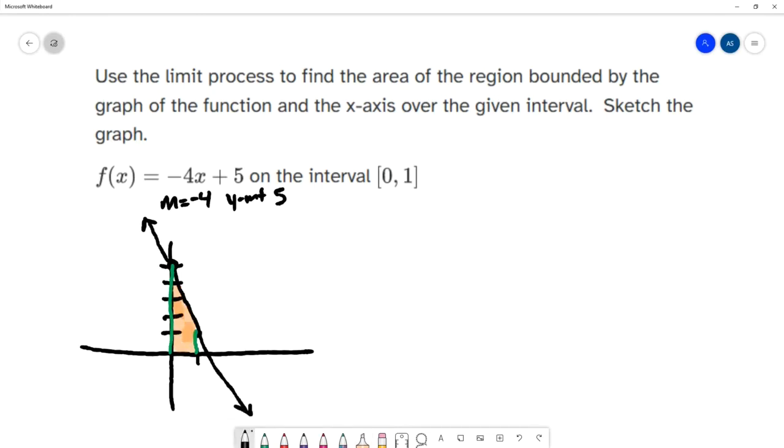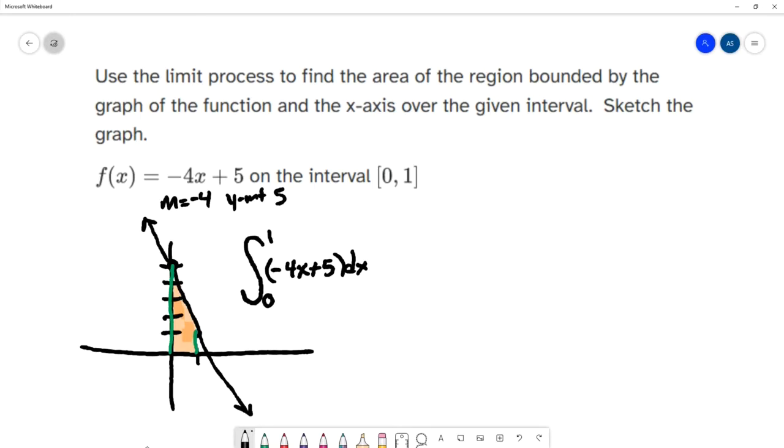So we can set up a definite integral to represent this area. So that's going to be the integral of our function and we're going to be bounded from 0 to 1. So we have the integral from 0 to 1 of negative 4x plus 5 dx.